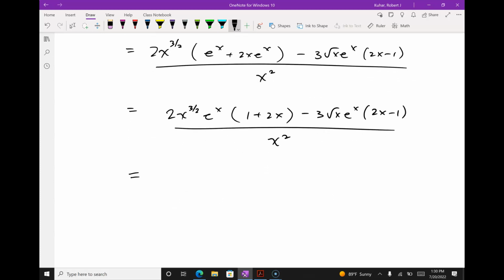And it's hard to see, but I can take out a square root of x and an e to the x.